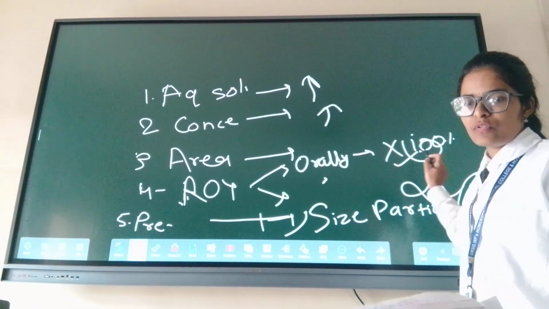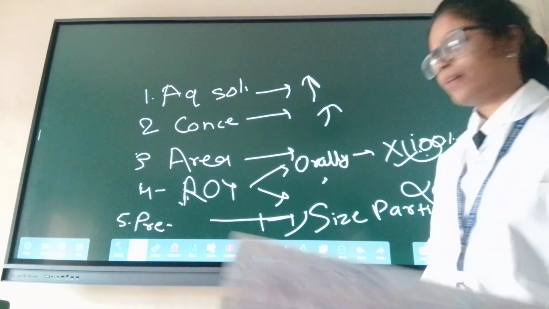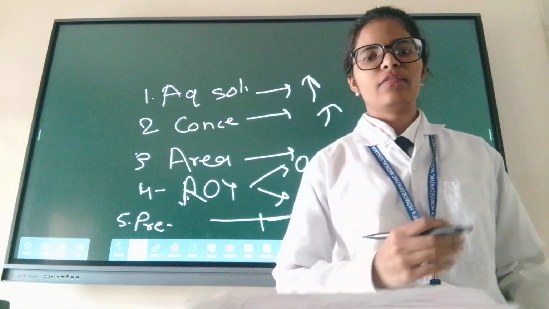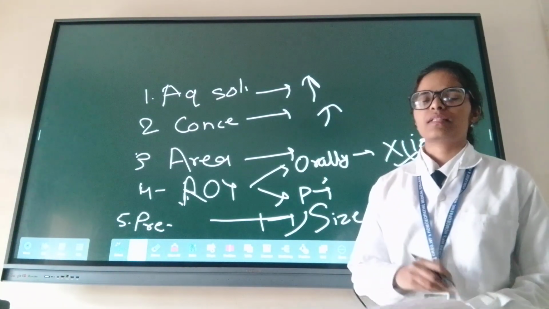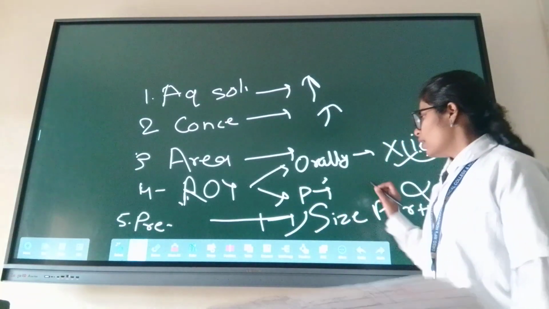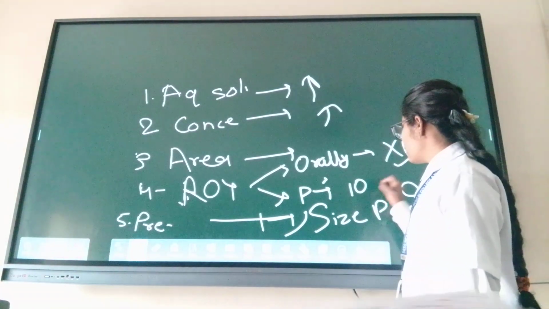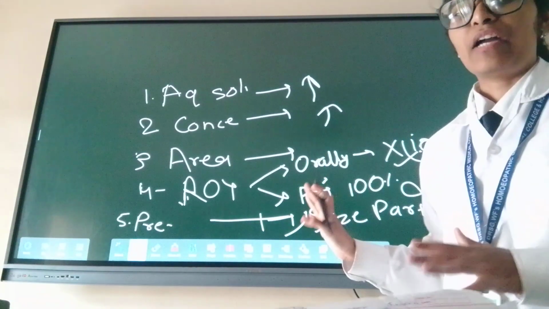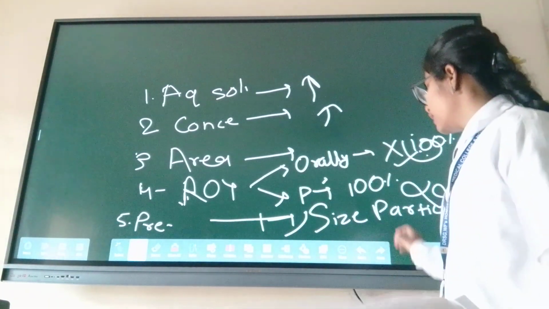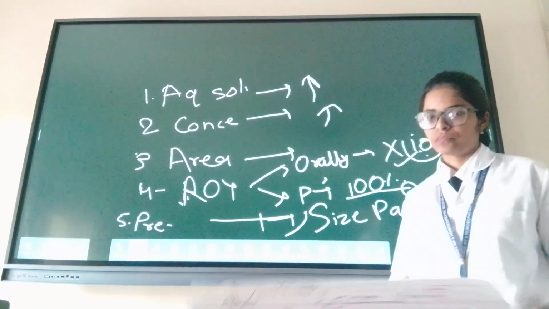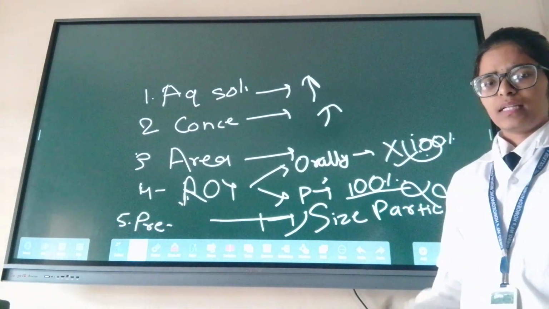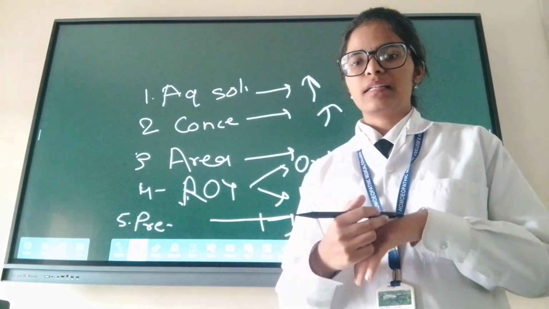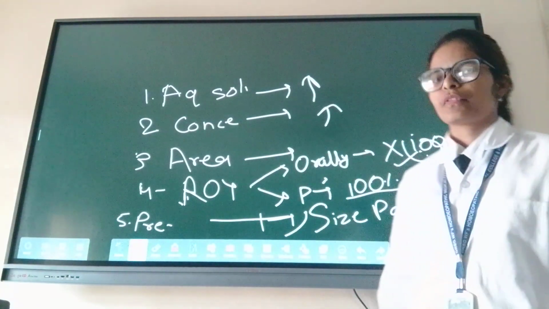Orally it is difficult to absorb and the rate is never 100%. But in the parenteral route, that is injections, IV, intramuscular, intradermal, subcutaneous, etc., there is 100% absorption or 100% bioavailability. I will explain bioavailability. Why? Because it does not go through first pass metabolism. It is directly inserted into the systemic circulation. Okay.